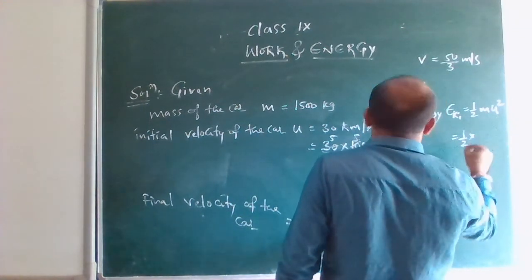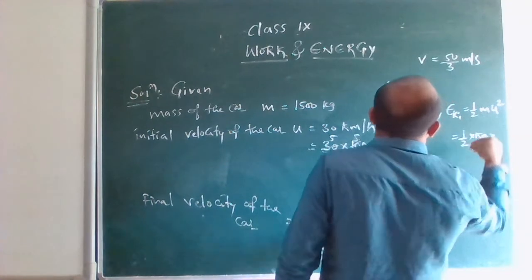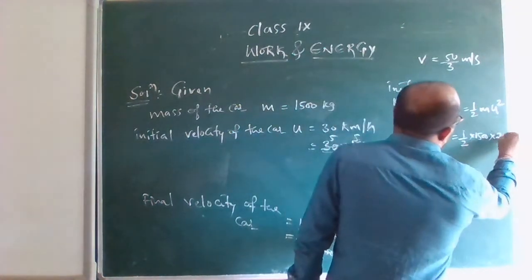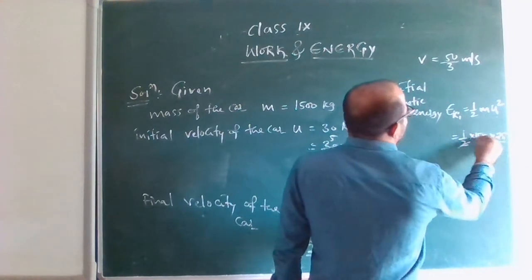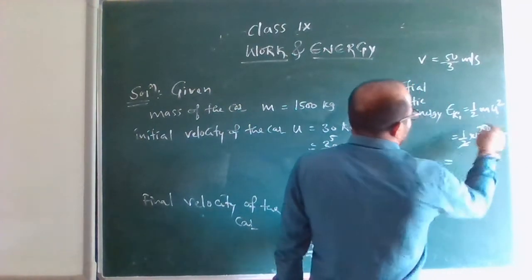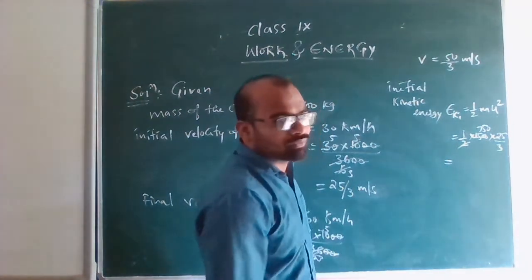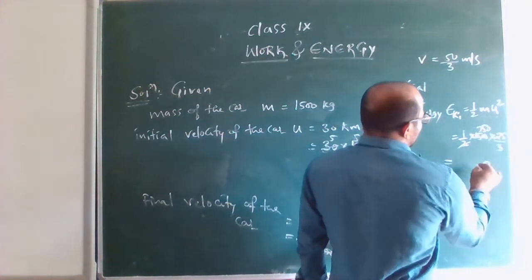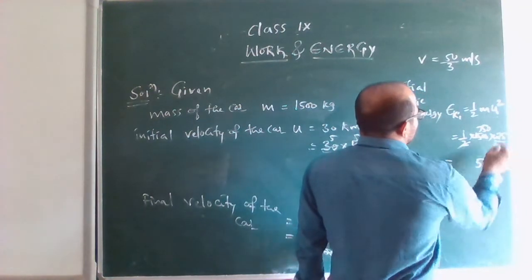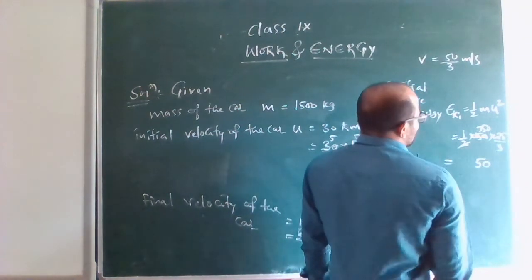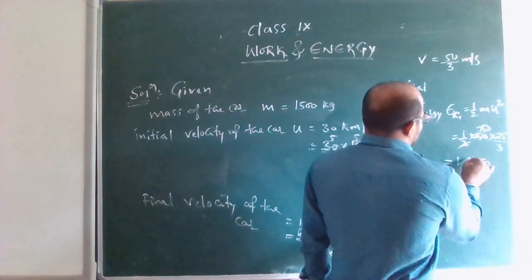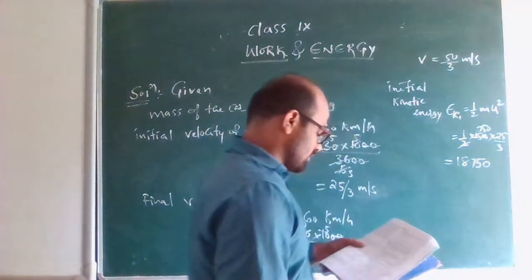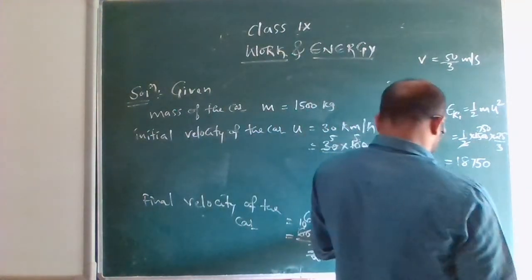Half m is how much? 1500... u is 25 by 3. 25 by 3, 750. What will 750 into 25 be? 25 zeros are 0, 25 5s are 125, 5 into 12 remains. 25 7s are 175 plus 12, 187. So it is different.